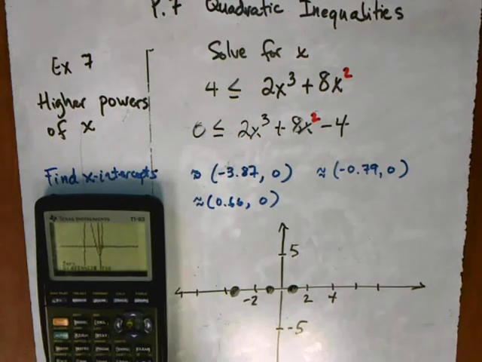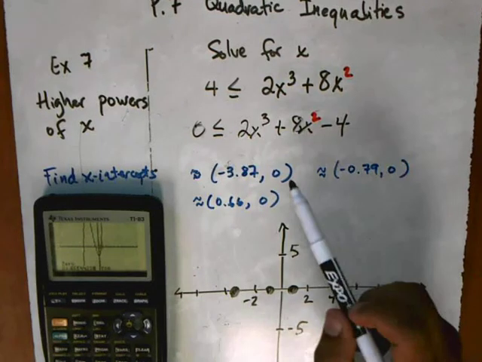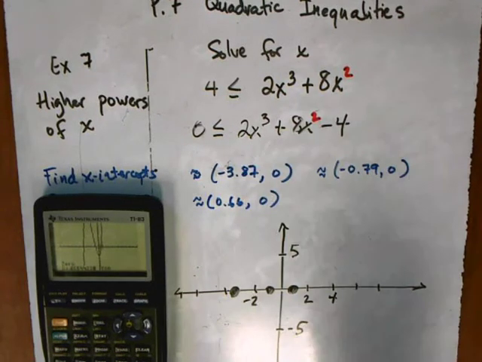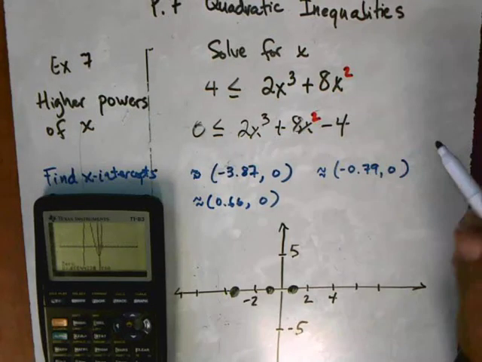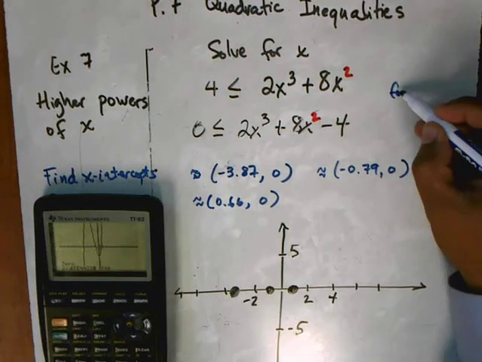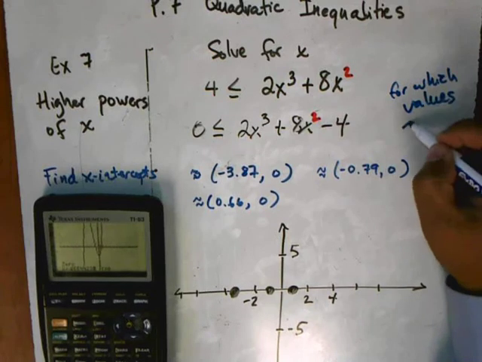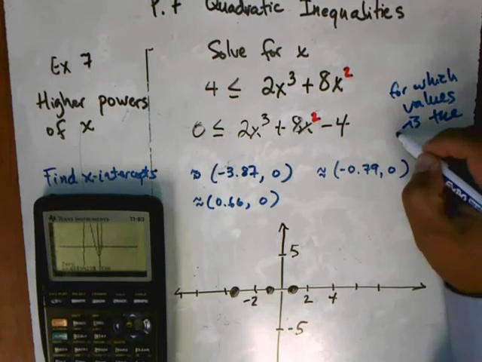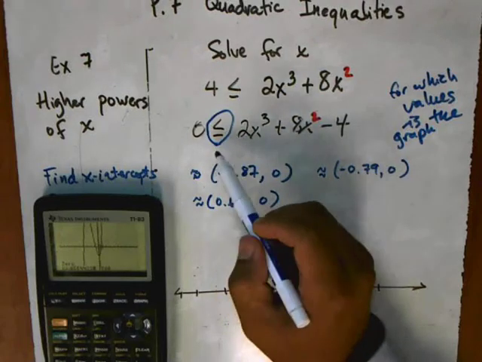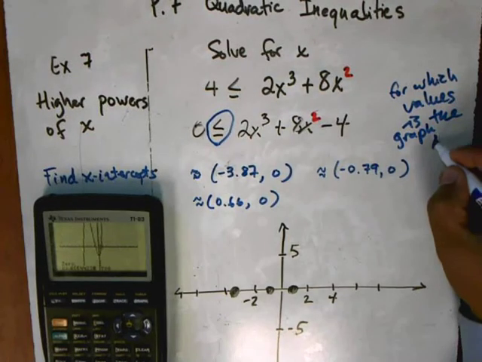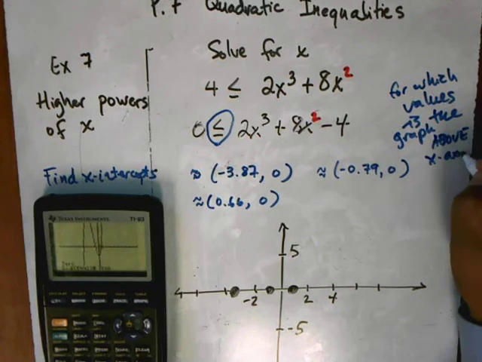And then I want to know, in between each of these, where is the graph above the x-axis? Because this entire expression is greater than 0, I want to know for which values the graph is above the x-axis.